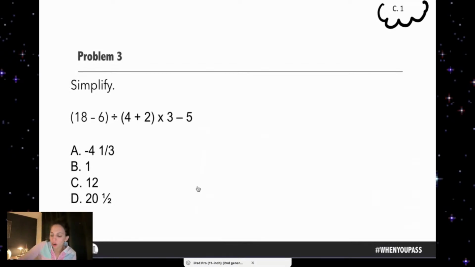So, order of operations says PEMDAS. Please excuse my dear Aunt Sally. And I paired them up like that for a reason. P stands for parentheses, E stands for exponent, M stands for multiplication, D stands for division, addition, and subtraction.